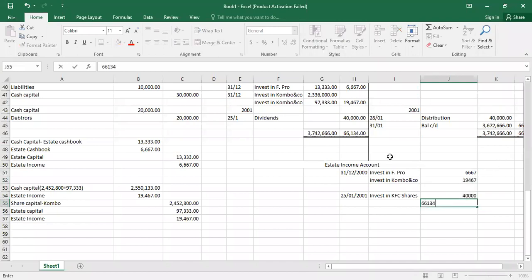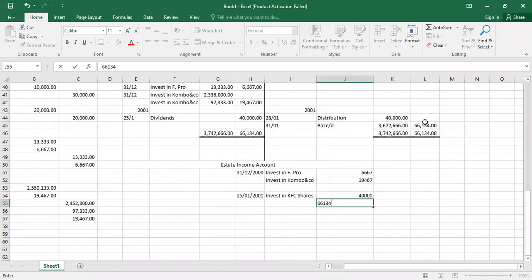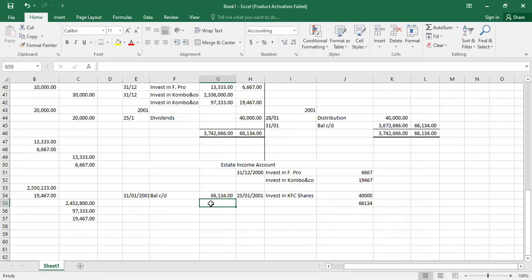So you can see the figure is so automatic. It's the figure that you are getting here, the balance that is to be carried downward in the investment account. So on 31st of 01/2001, I can confidently say that our balance carried downward is 66,134, and close that book forthwith.